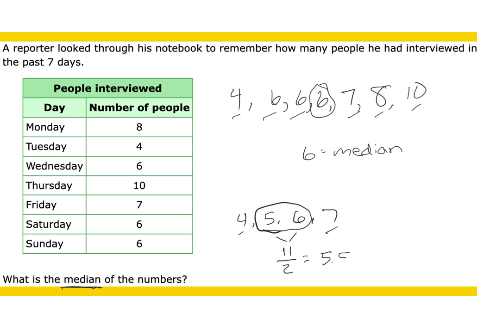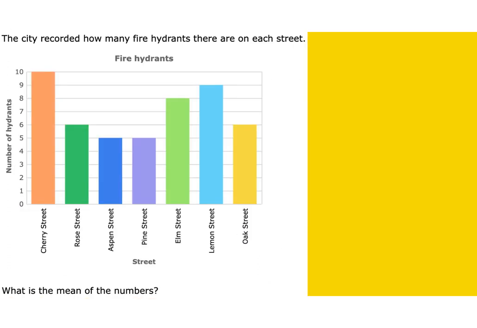All right, in our last example, we are given a chart, a bar graph, and we are asked to find the mean of those numbers. So first things first, we need to know what the actual numbers are for each of the bars. First one is 10, then we got 6, 5, 5, 8, 9, and 6.